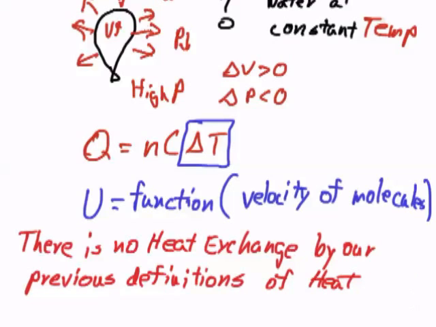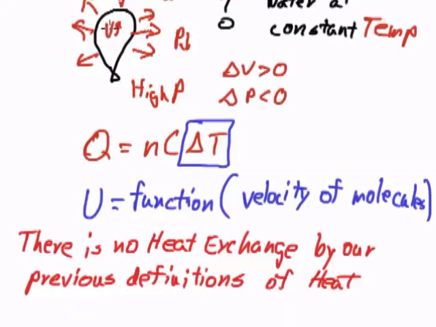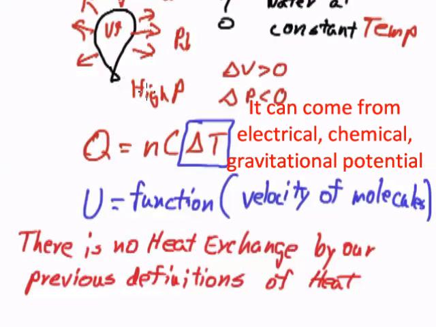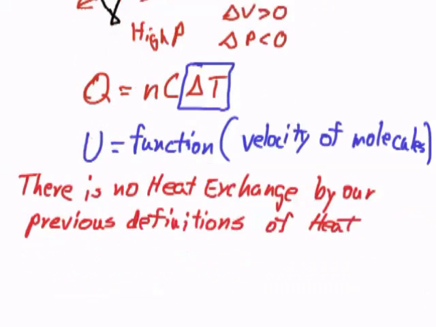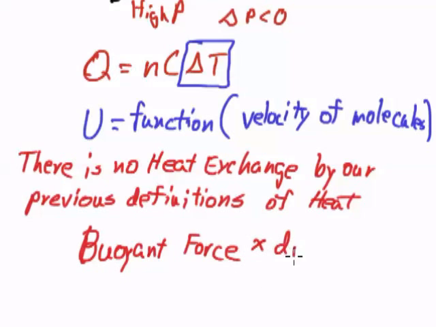So what's changed? The balloon is rising, so there is going to be a gravitational potential exchange. The gravitational potential of the balloon will go up, and the gravitational potential of the water around it will go down. And so there is an energy release into the system, and the total of that is probably going to be the buoyant force times the distance. I'm trying to remember a formula for the buoyant force.